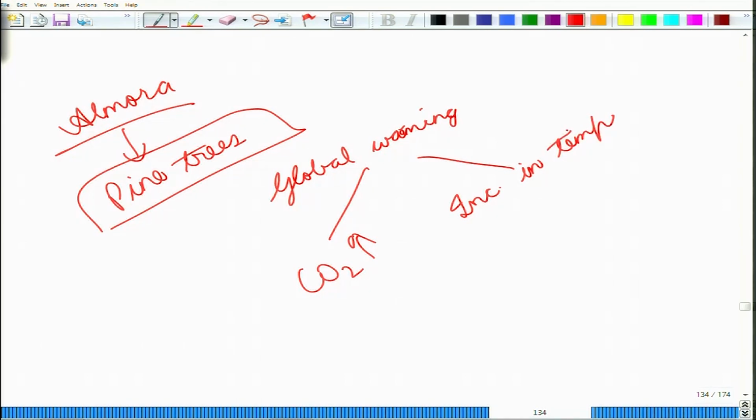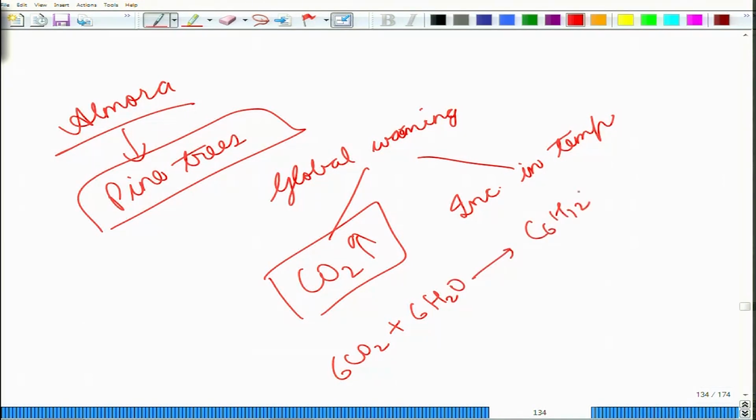For most plants, if you increase carbon dioxide, because in photosynthesis carbon dioxide plus water gives you sugars and oxygen, then the production of glucose or sugars will increase.